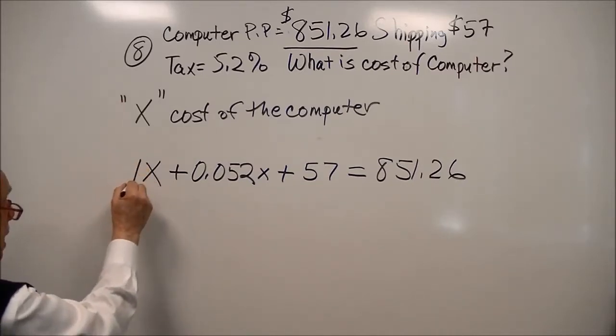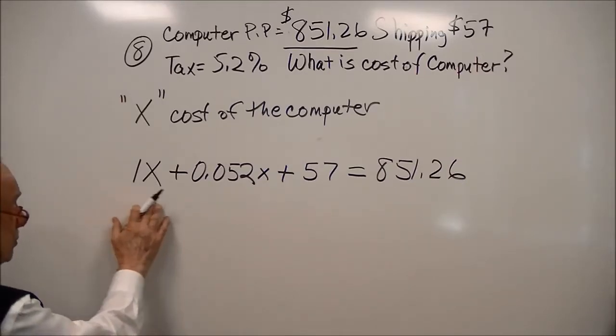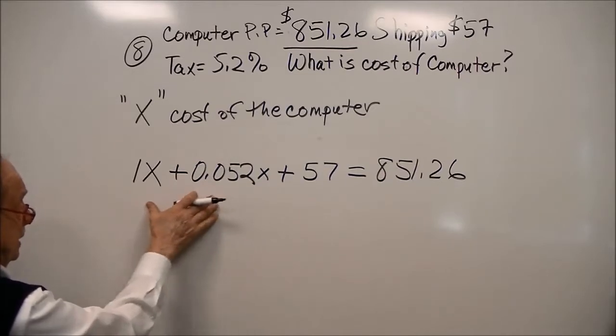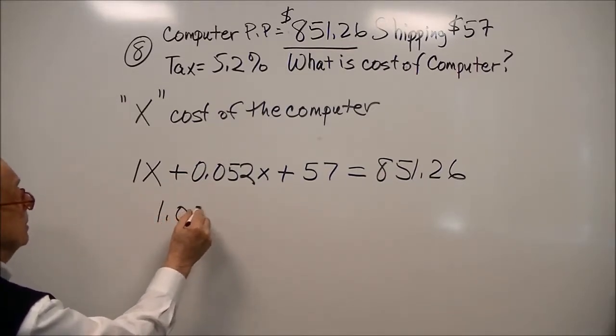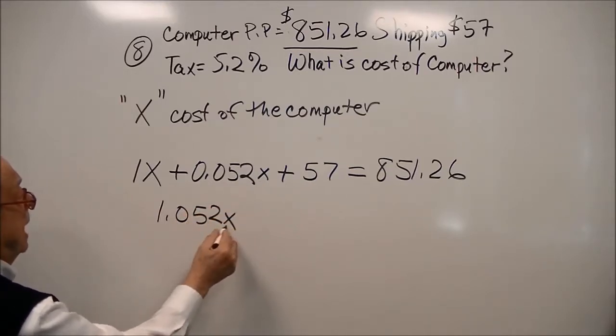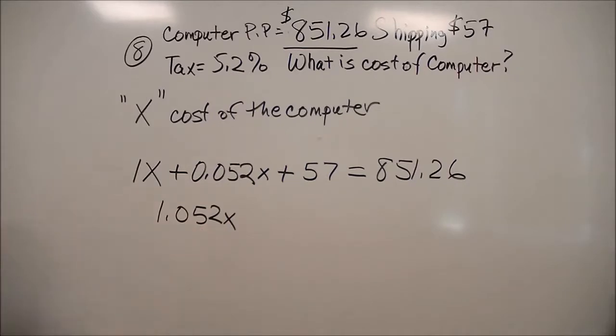Remember, there's a 1 in front of any letter that we just don't write. But we do write it here because we need to combine these. So this then becomes 1.052x. I'm combining one x and this to get that.